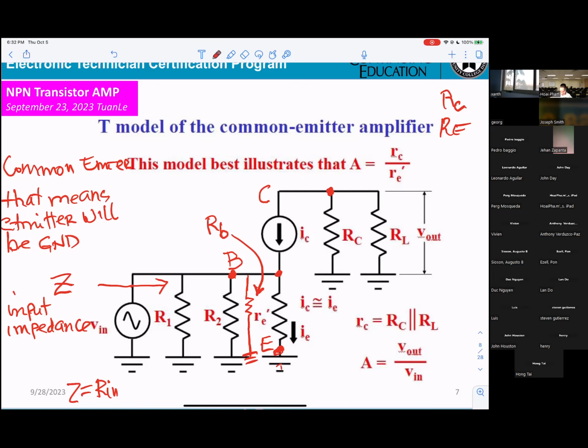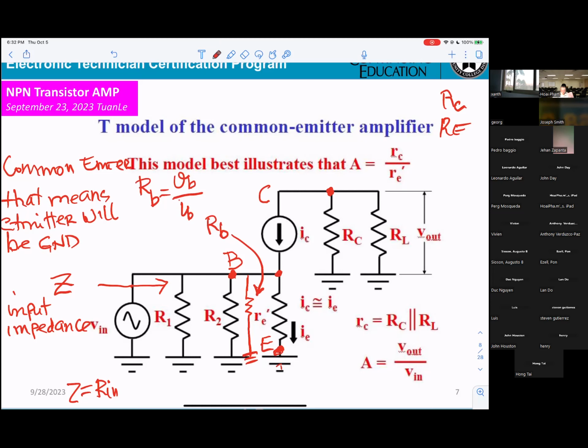And you know RB, by Ohm's law, V B divided by I B. That is, you get three resistors in parallel. Okay. R1, R2, RB. And you know RB will be equal to VB divided by IB.